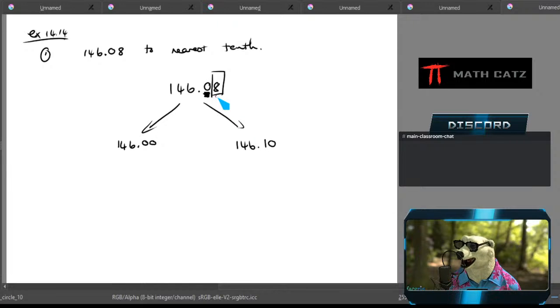Because it's an 8, I have only a 2 gap to the top one, the top option. But I have an 8 gap to the bottom option. So I'm closest to the top one, and that's going to be my rounded answer, we say. That's going to be the one of the two that is closest to my actual number, because the gap is the smallest.